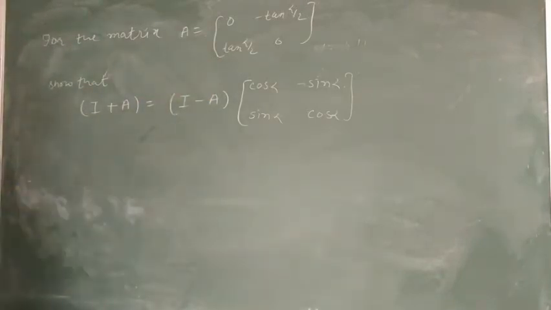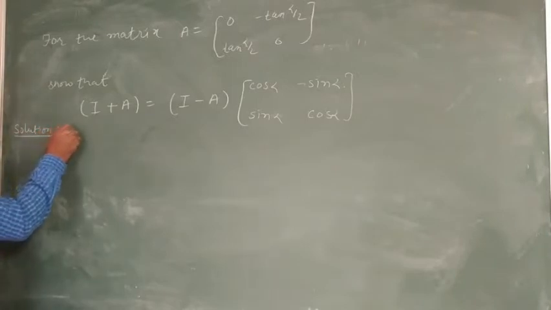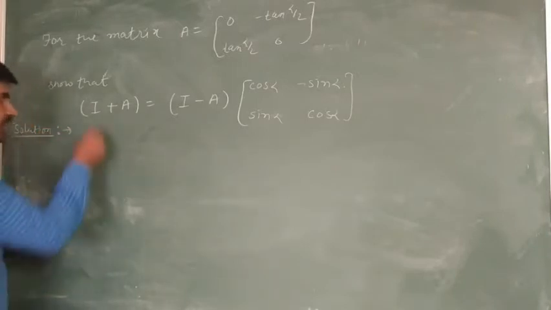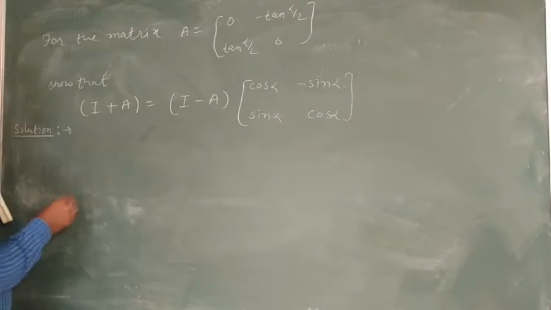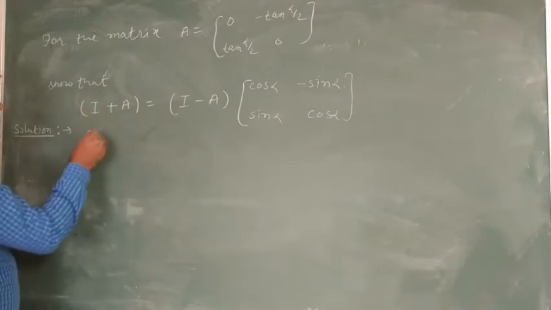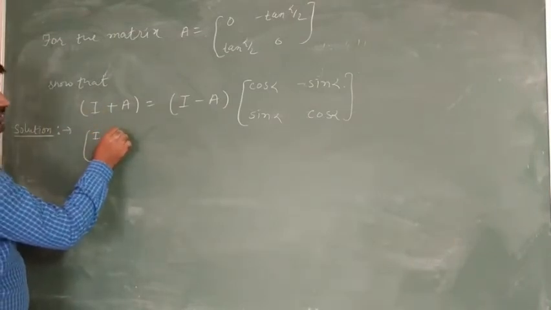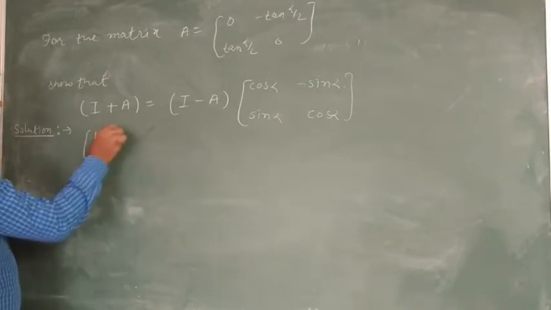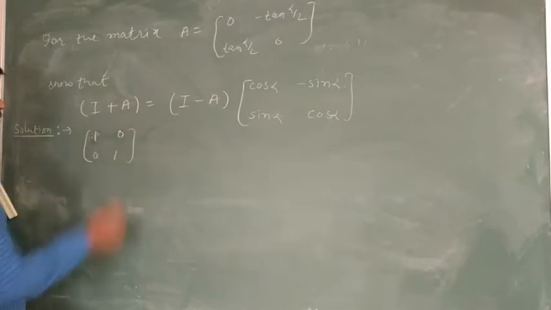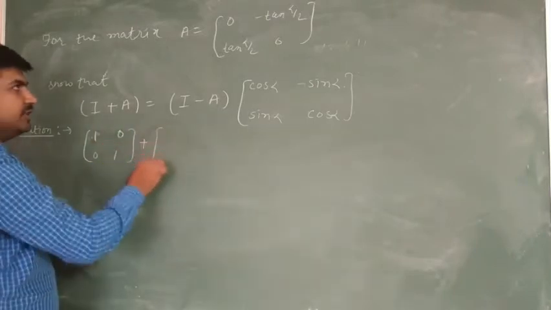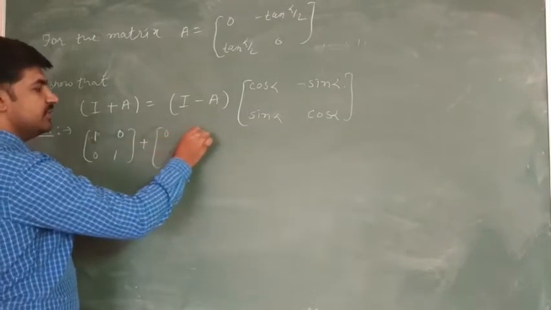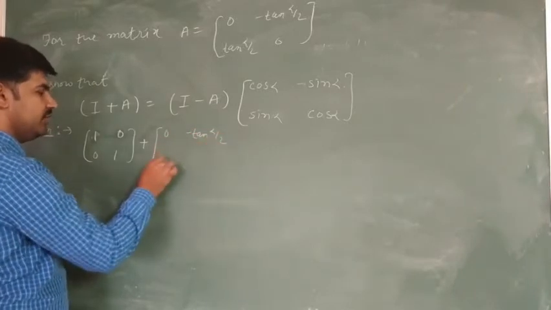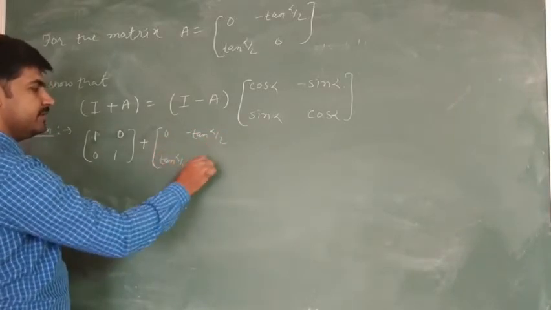In the solution, first of all we'll get the value of I plus A. So when you add I, an identity matrix of order 2 by 2, to the given matrix [0, minus tan alpha upon 2; tan alpha upon 2, 0].